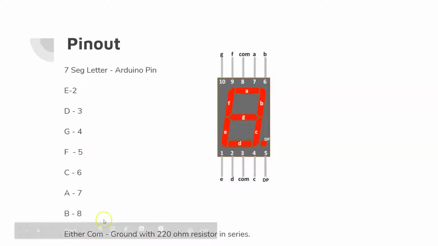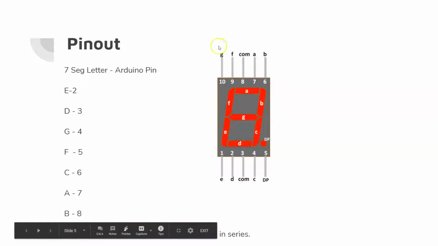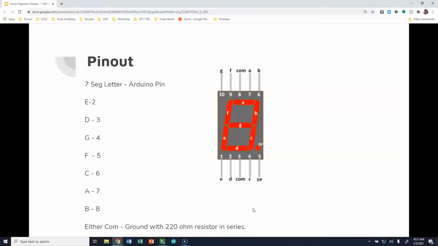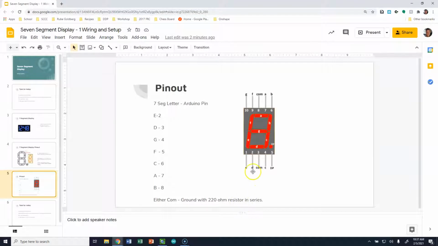Then on COM, we have 2 COM ports, either the top or the bottom. One of those is going to be connected with a 220 ohm resistor to ground. It doesn't matter which one it is, it just needs to be one of them. The rest of these are going to be connected with wires.